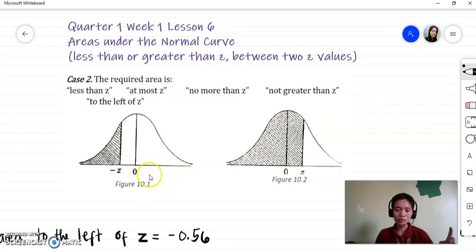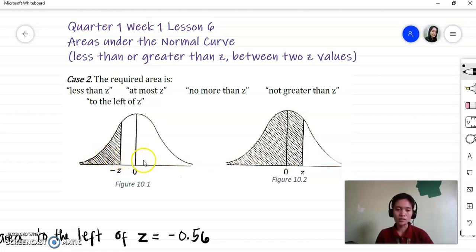In figure number 1, the given z-score is negative. So it is less than z, which means the shaded region is to the left of z. This is the area that you need to solve or to get.